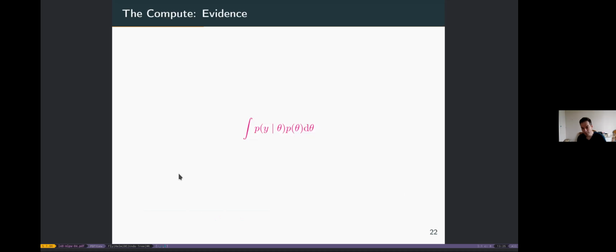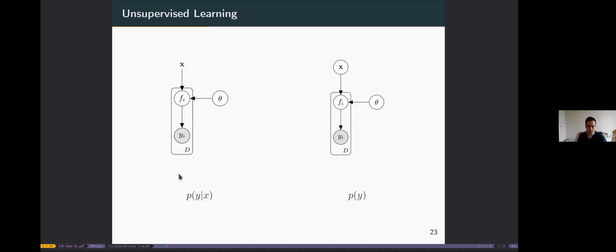Cool. So now, if we think we can define a notion of simplicity, then we could use the evidence to rank models. This is really good if we agree on that. So let's try and compute the evidence for a couple of models. First, we're going to take our regression example one step further.